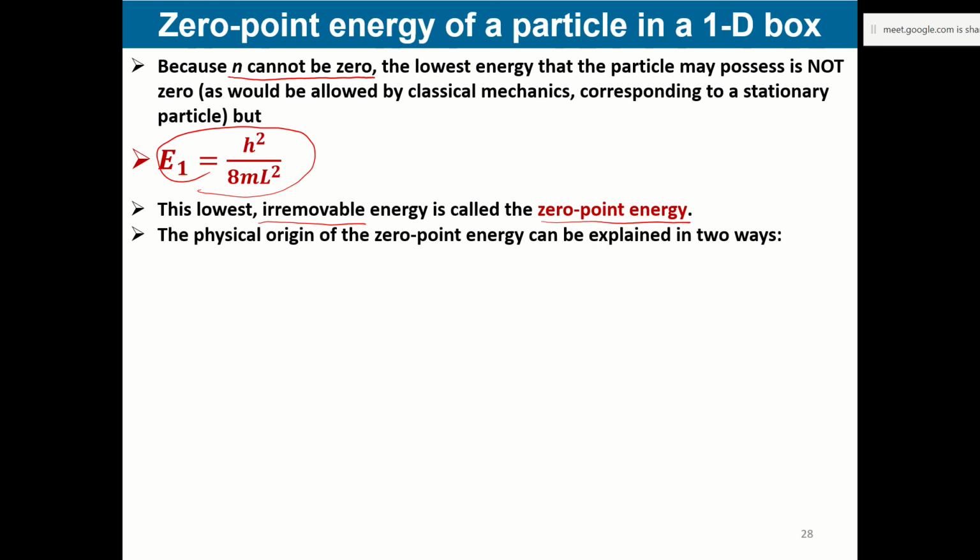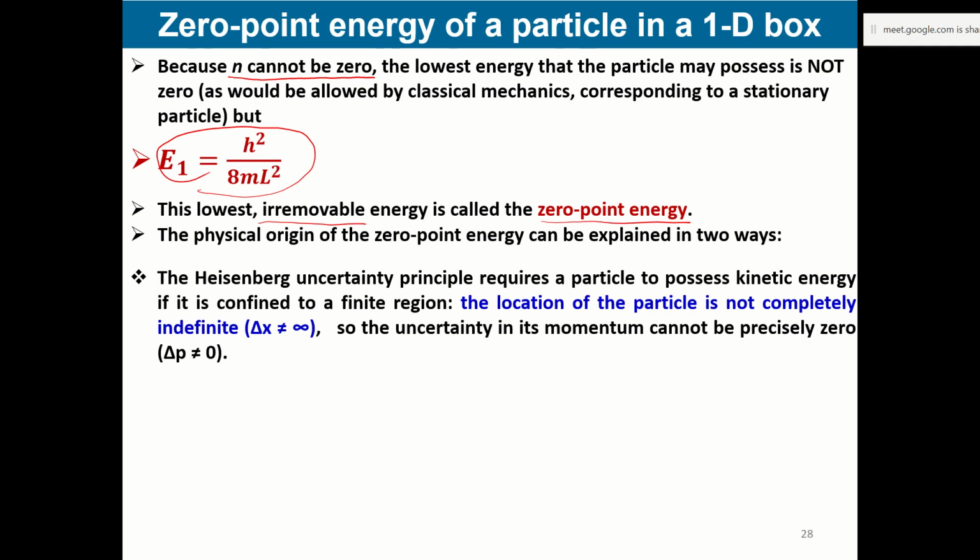So you can justify this physically in two ways. One is by applying the Heisenberg uncertainty principle. We know that the particle is located within the box, or another way of saying the same thing is that the uncertainty in the location of the particle is not infinite.